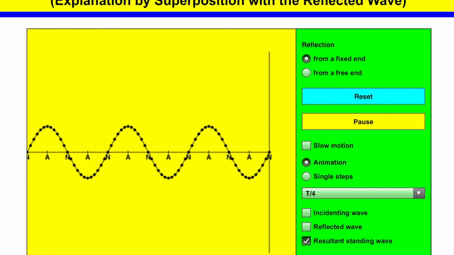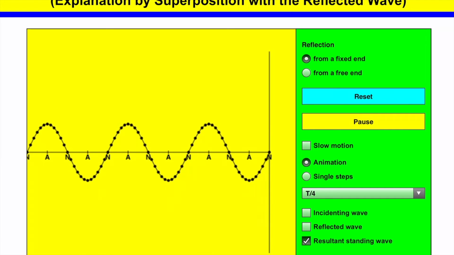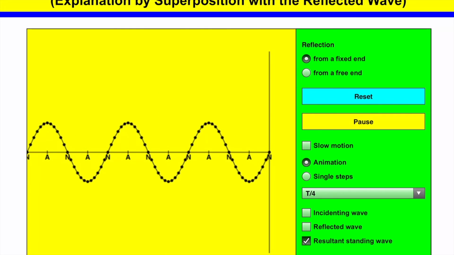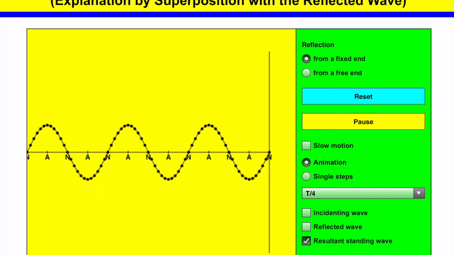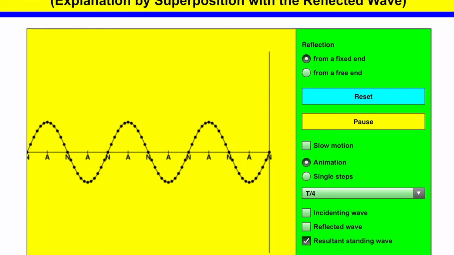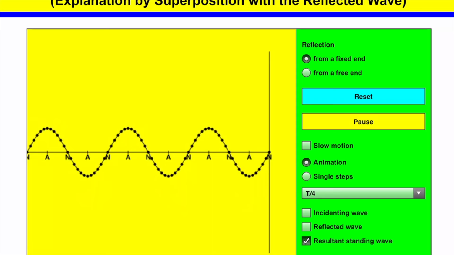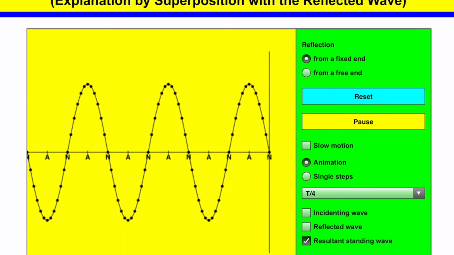You'll also notice that wherever there's an A, that's where the medium, in this case, the particle in the rope, seems to move the most. It's where the peaks and the valleys of the standing wave are. This is cleverly called an antinode. Not clever at all. So antinodes are the locations where the vibration is the most, and nodes are where there is no movement of the medium. The vibrations are basically zero.